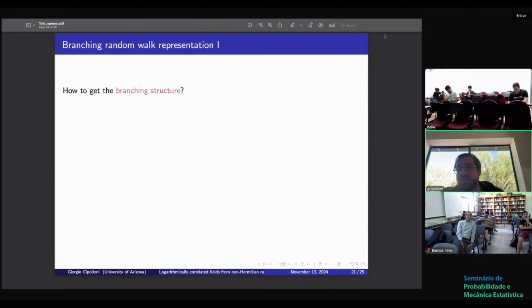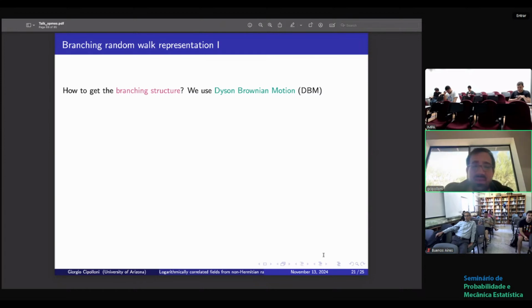If you look at this log determinant, there is no obvious branching structure. In the unitary case, we could do a Taylor expansion of the log, but here this is uncontrolled. Especially in the general case, when the entries are non-Gaussian, there is no way one can control anything like that. Instead, we rely on the Dyson Brownian motion. So I will briefly explain how we do that, and then I will conclude.